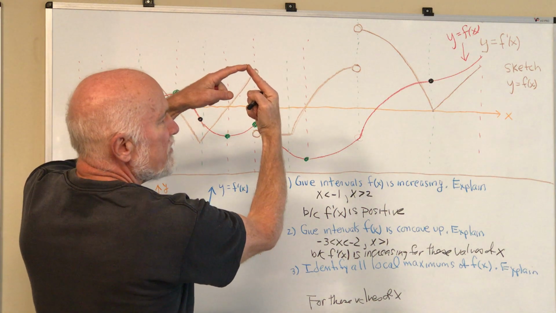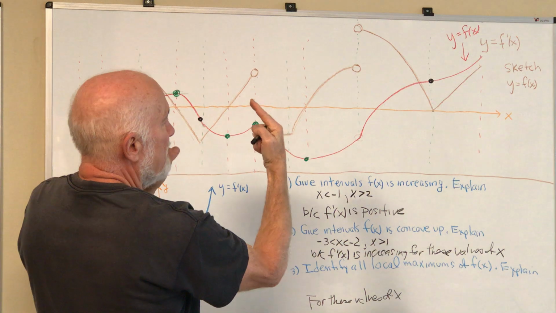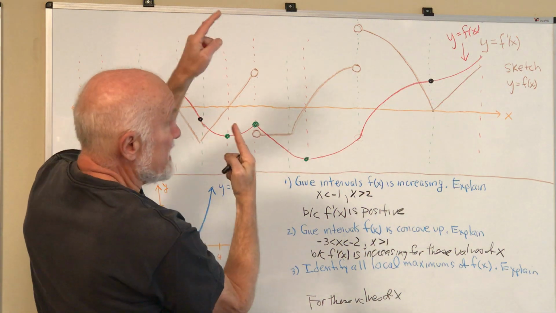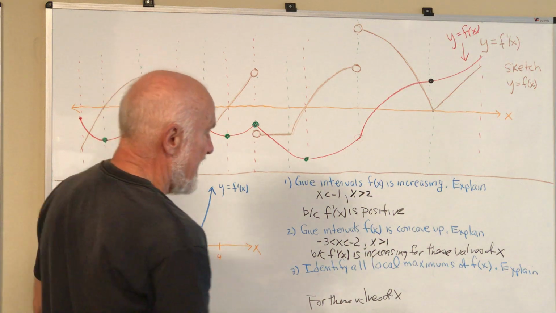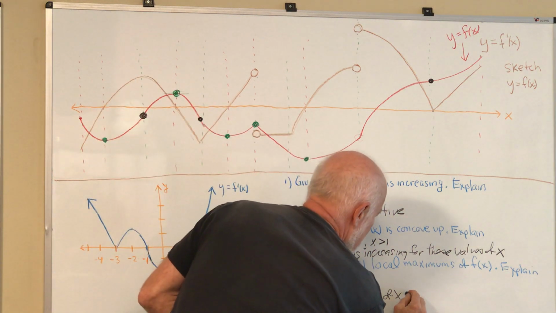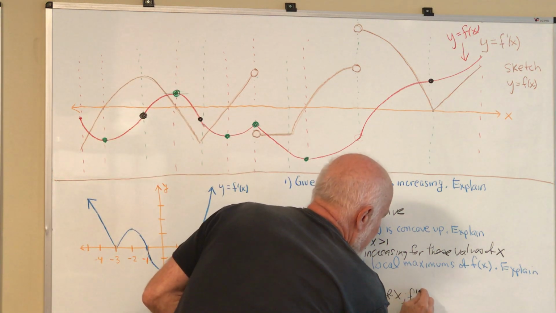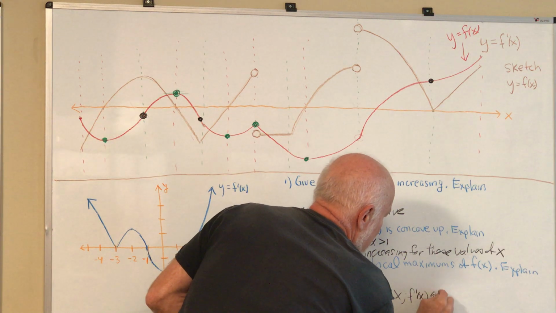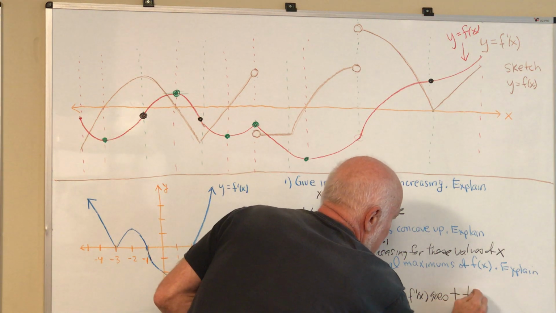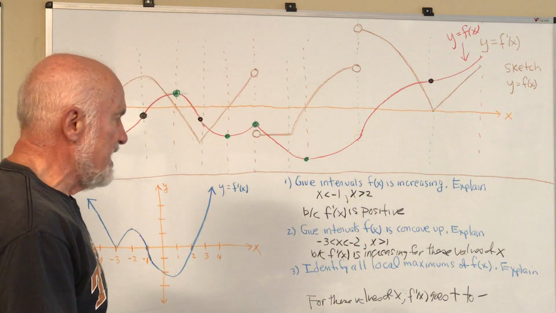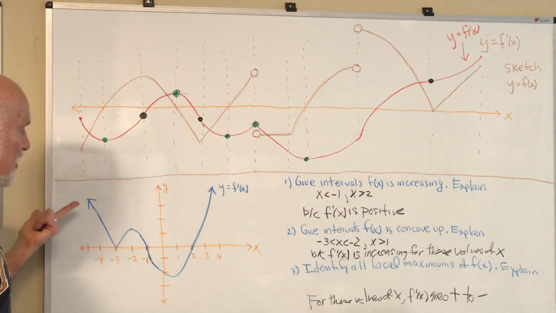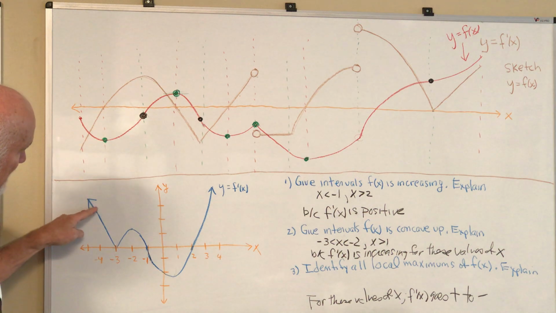So it's where the function goes from increasing to decreasing, so where the derivative goes from positive to negative. F prime of x goes positive to negative. We got our points for getting the right reasoning, and now we have to look. Where does it go positive to negative?